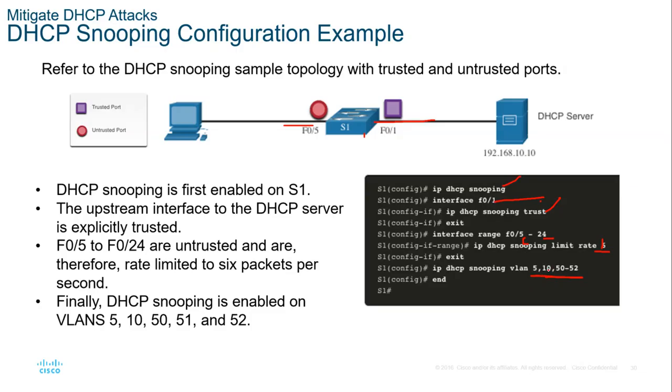So these are the VLANs available to be part of snooping. Anything outside this range is not known and is going to be categorized as an unwanted VLAN.